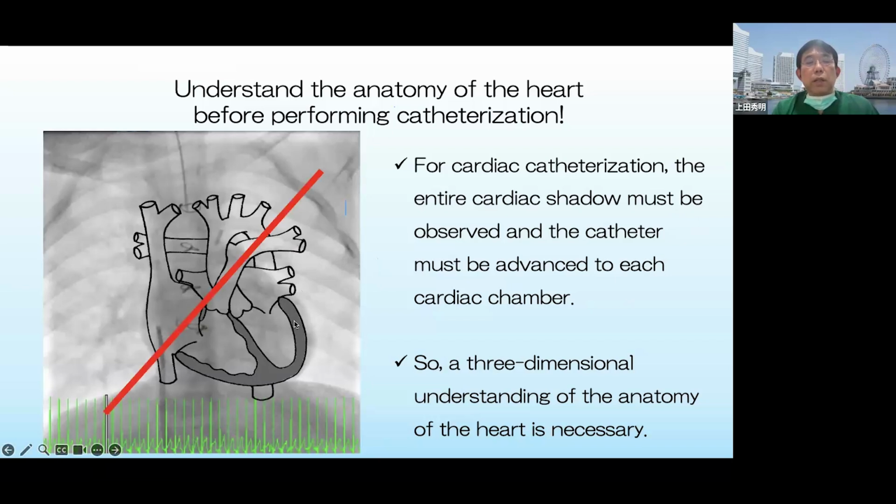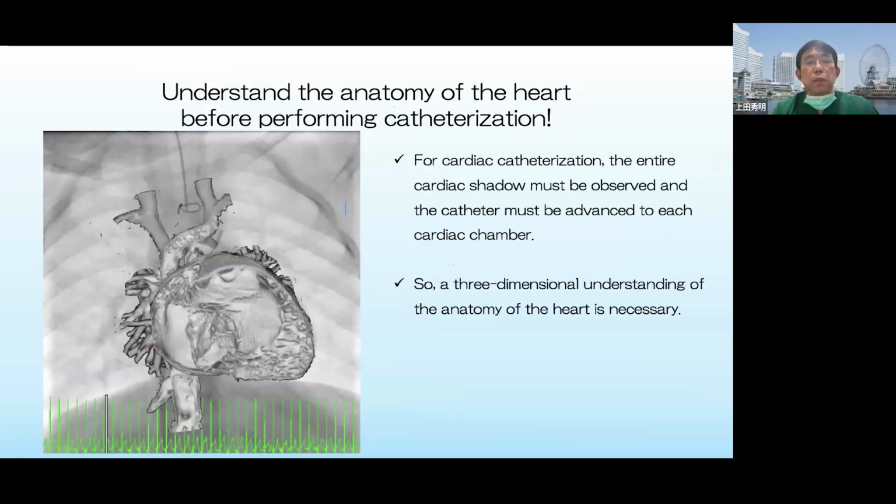As you can see here, I just put in an illustration of the cardiac silhouette, but it is too rough. This is the wrong way to make the image. But if you take a 3D CT and put it on the X-ray, you are able to understand how the aortic valve is located and where the pulmonary artery valve is located.